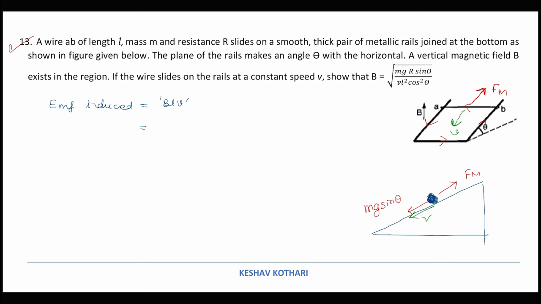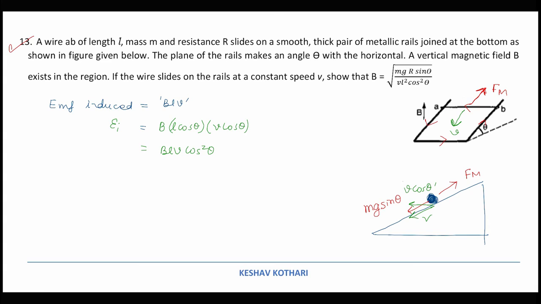So the velocity component perpendicular to the magnetic field will be v cos theta, and the length component will be L cos theta. So the value of EMF induced can be written as B L cos theta into V cos theta. So the value is going to be BLV cos square theta.